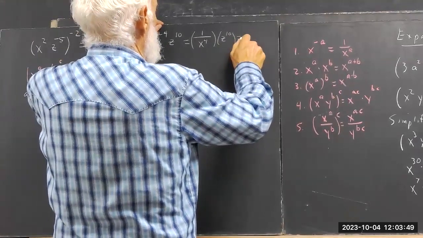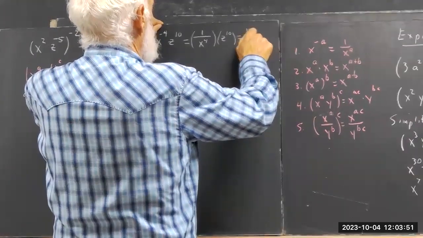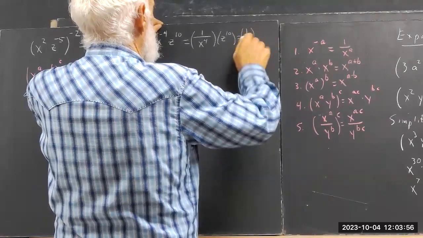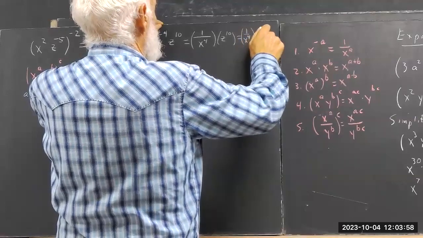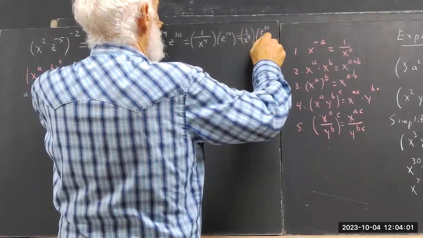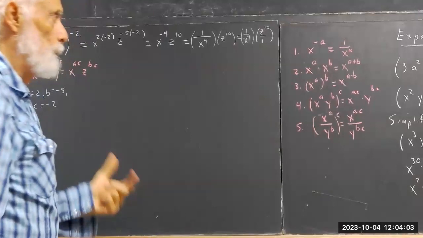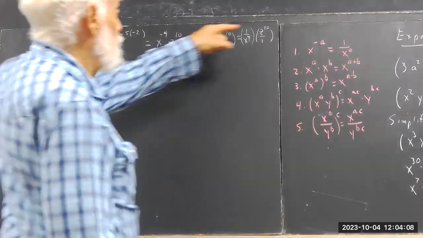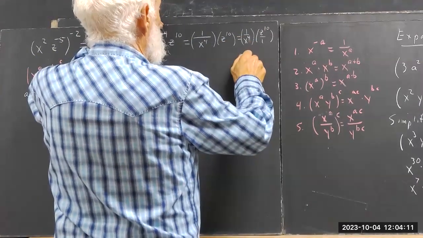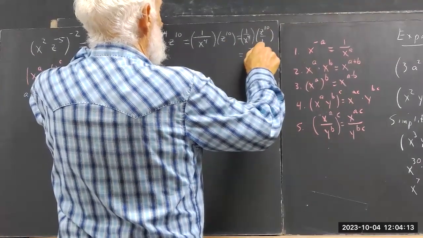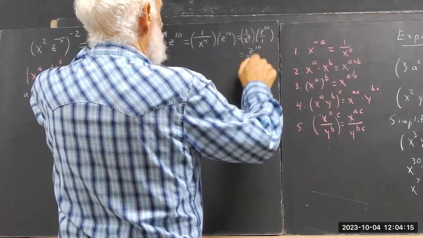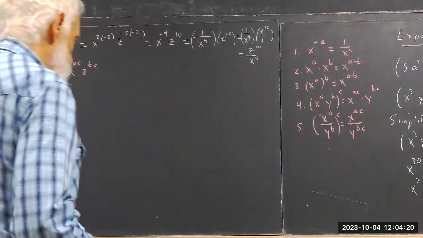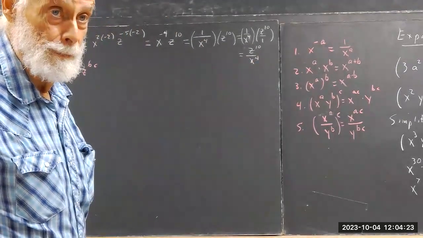And then that would be the same as 1 over x to the 4th times z to the 10th over 1, just to be sure that we see how the numerators and denominators line up. And when you multiply two fractions, you just multiply the numerators. 1 times z to the 10th is z to the 10th, and x to the 4 times 1 is x to the 4th. Okay, now we have two forms of this, okay?